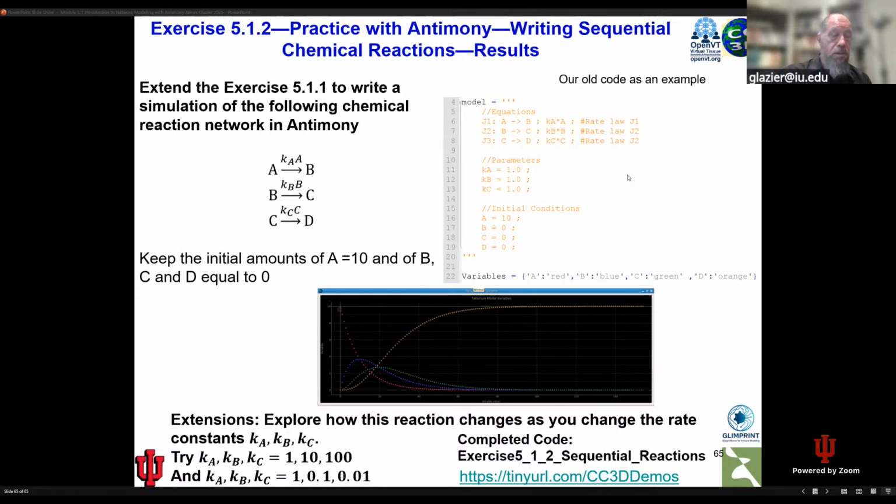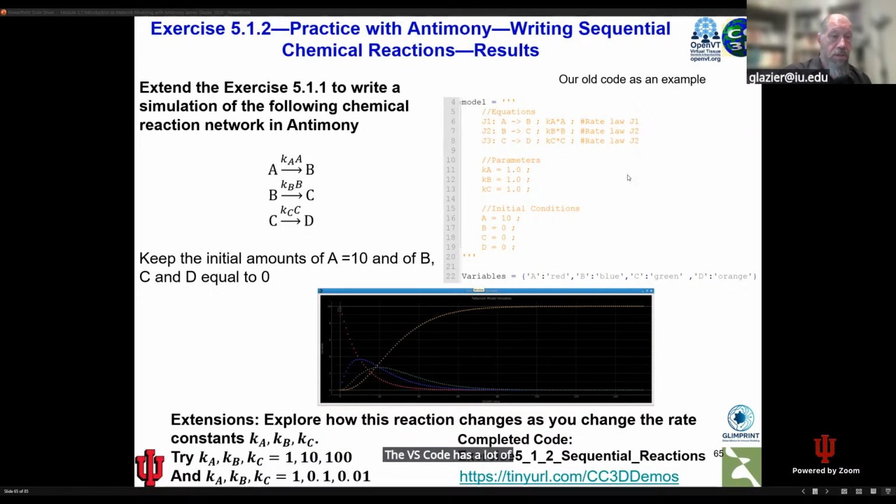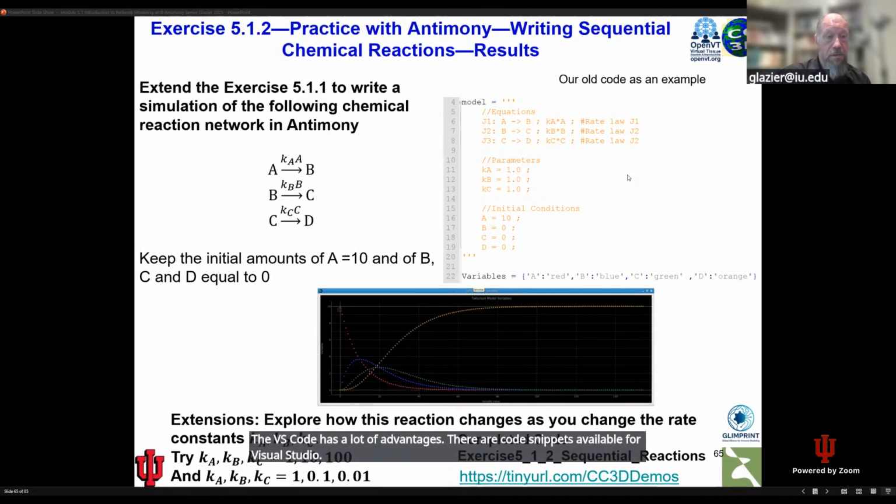Kaya says, is it possible to use VS Code instead of Tellurium? Of course, you're welcome to use any editor you like. VS Code has a lot of advantages. There are code snippets available for Visual Studio, although I haven't used them. If we were going to do this again today, we would probably use VS Code as our primary editor.